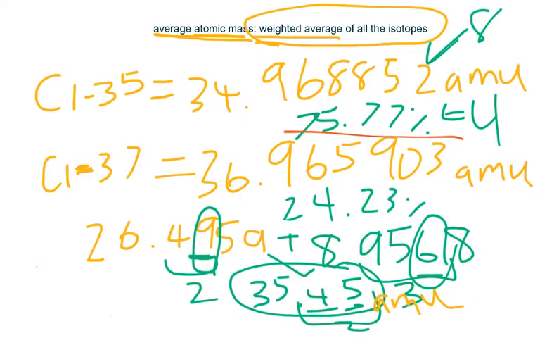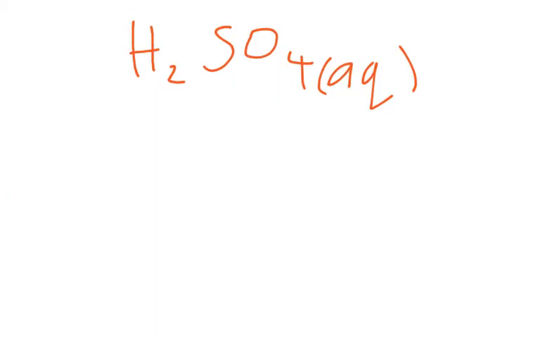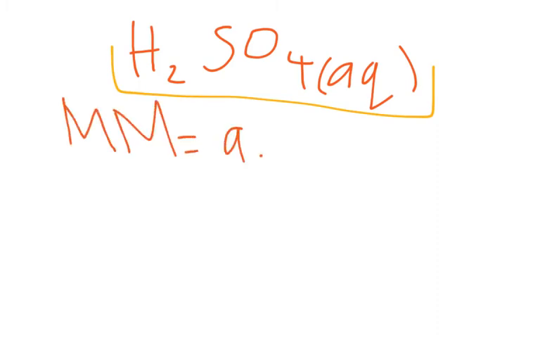So now let's talk about how to find the molar mass of compounds or substances composed of multiple atoms and elements. In this example, we have sulfuric acid, and let's break this down in order to find its molar mass. Remember, molar mass is equal to the average atomic mass. So keep that in mind when we're doing this problem.